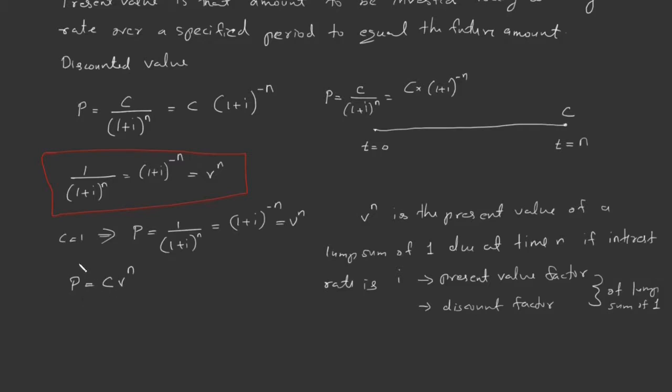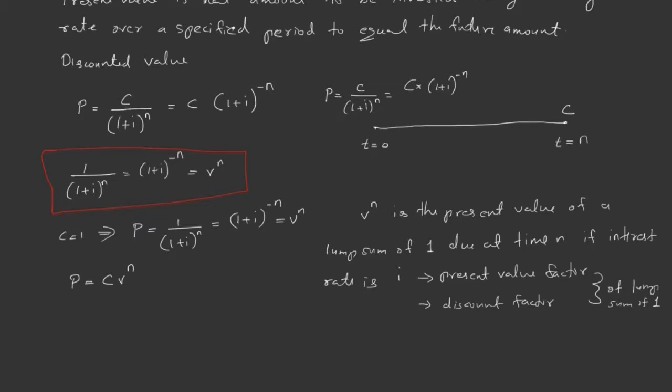That will give the present value. So present value can be easily calculated if I know the present value factor or discount factor. This present value factor is available in present value tables, which are mostly usable for exam purposes. So if you can use that present value table in which the v raised to n values are available, then you can easily calculate the present value of a lump sum C. So it will make our calculation easier.